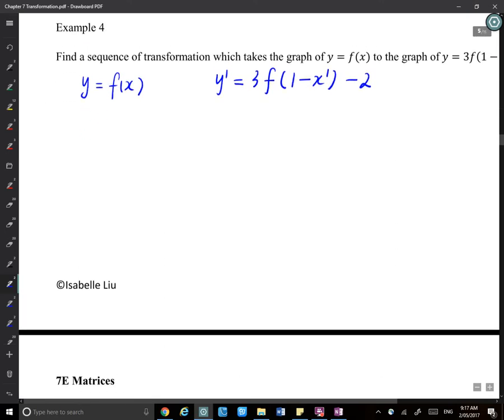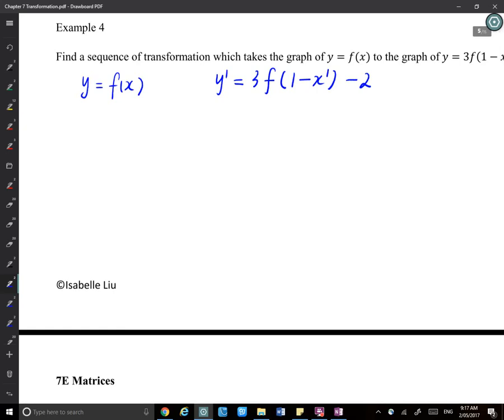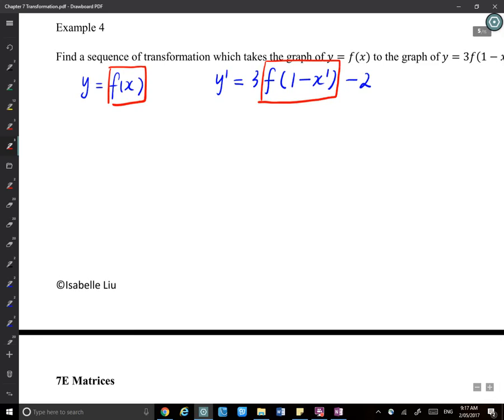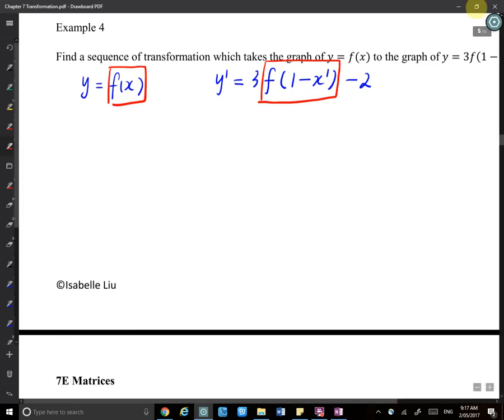Even though the model hasn't been specified and you don't know exactly what it is, f(x) itself is a model, so you only leave f on one side. For this one, you still have y equals f(x), and on this side, you have y' plus 2 over 3 equals f(1 minus x').